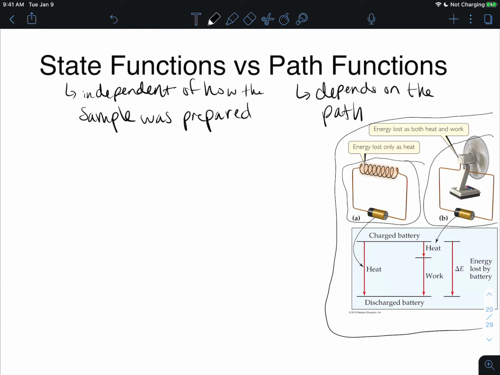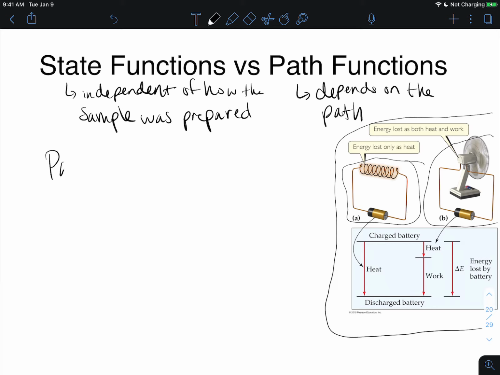You start at the bottom, you go up to the top. You could go many different ways to get up to the top, and the amount of work you've done will be very different depending on what path you take. But your final and initial states are still going to be the same. So if your final and initial states are the same, but the amount of that property is different based on how you go about it, then it's going to be considered a path function.